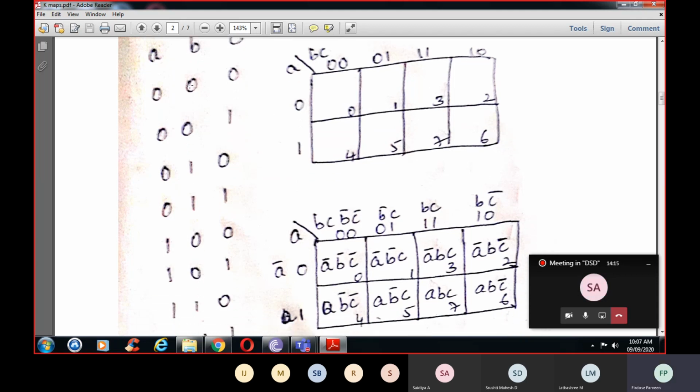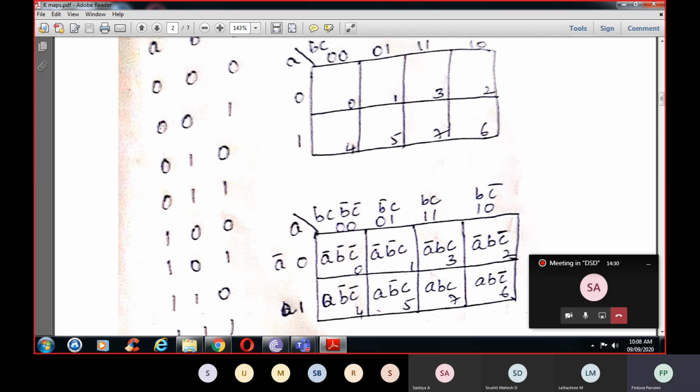A, B, C are the 3 input variables: 0 0 0, 0 0 1, 0 1 0, 0 1 1, 1 0 0, 1 0 1, 1 1 0, and 1 1 1. So 0 0 0 means 0, 0 0 1 means 1, 0 1 0 means 2, 3, 4, 5, 6, and 7. Now we will see how it is written in the K-map.